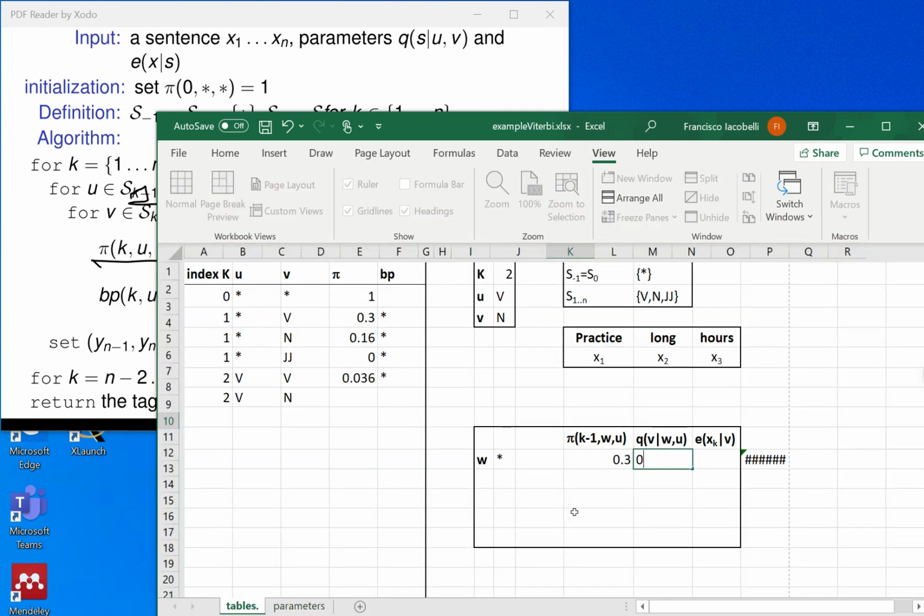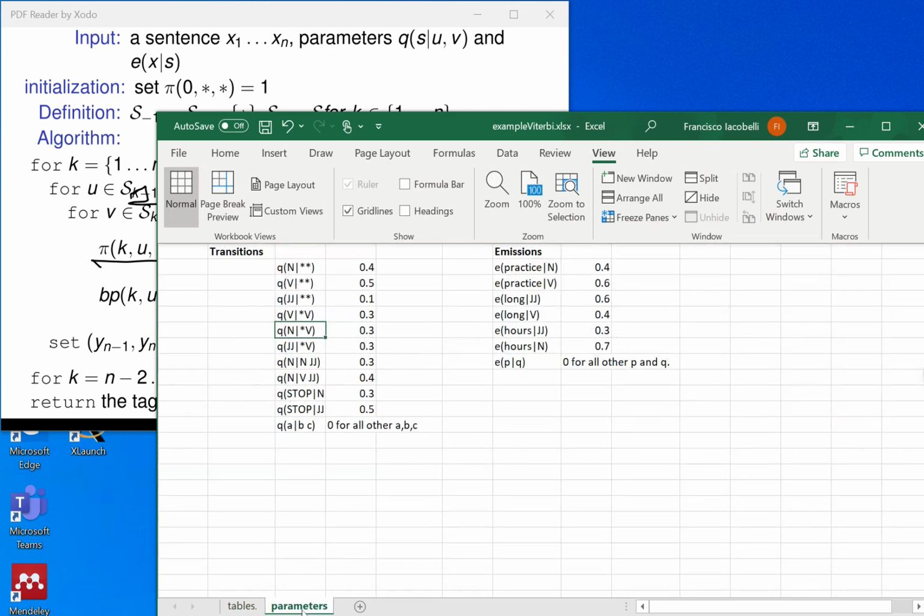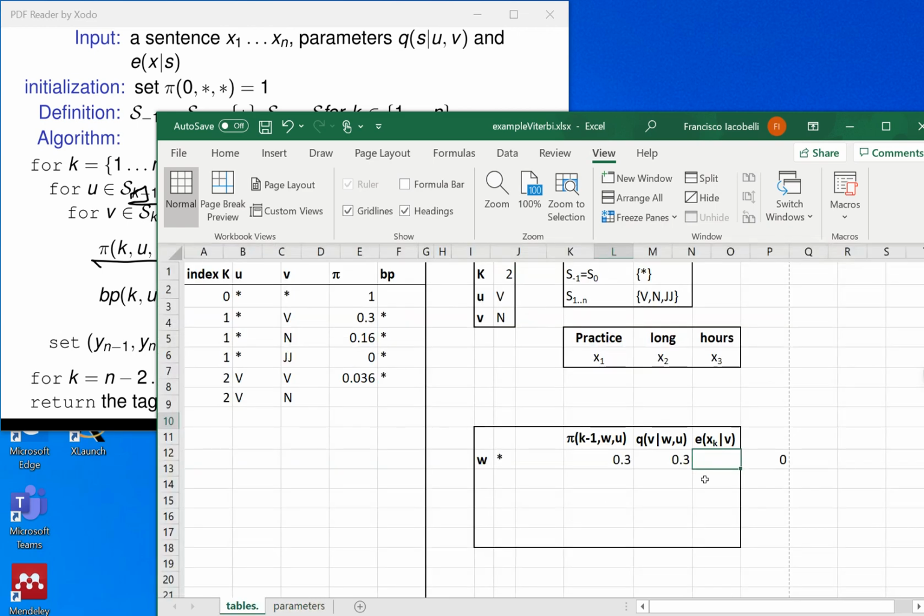And then the emission here is the word number 2, because K is 2. So long tagged as N, because that's the value of V. Long tagged as N, we don't see that ever, so that's 0, right? So that tells us that pi of 2 V N is 0, and BP of 2 V N is the star, because the star generated this maximum value.